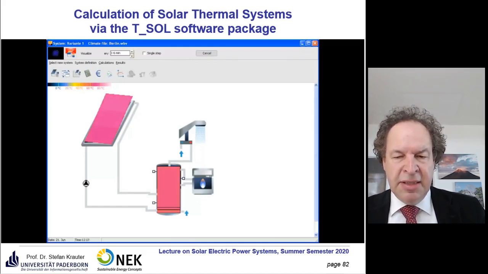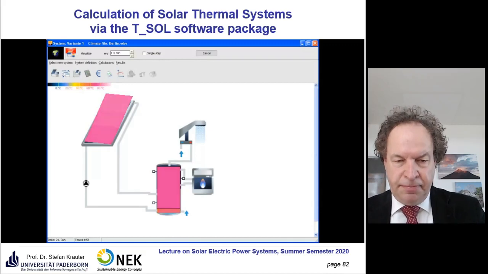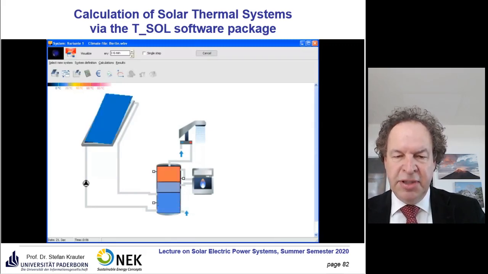So the tank is not stratified anymore. It's almost equal temperature. And now in the afternoon, it's 16 o'clock, 4 p.m. And then the sun is setting, and then you take out water here, and from the lower part, cold water is entering, and you take off the hot water, and then hopefully it's night.